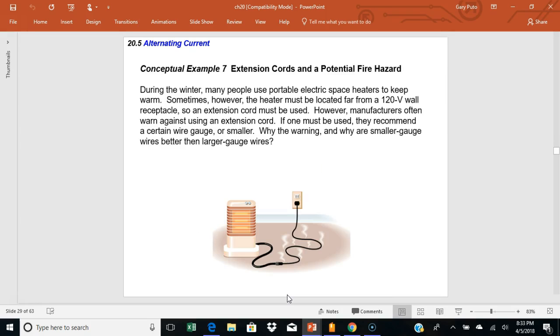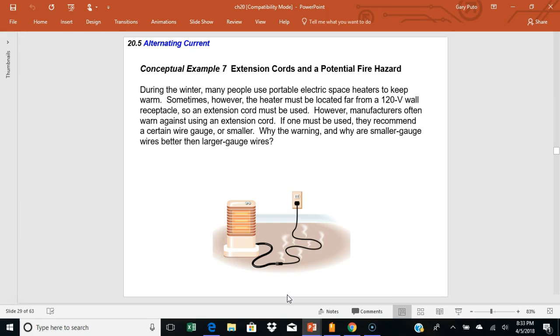Here's another alternating current example that we talked about. You've got these outlets in the house. During the winter, people use electric space heaters to keep warm. However, the heater must be located far away from the 120 volt wall receptacle, so an extension cord must be used. Manufacturers warn against using extension cords for space heaters because they're a fire hazard. So if one must be used, they recommend a certain wire gauge or smaller.